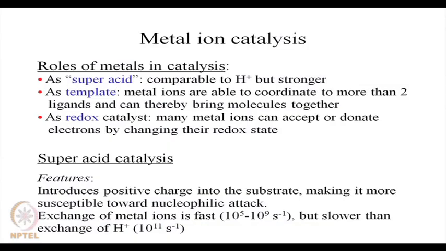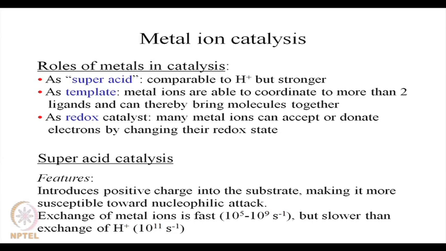Also, the exchange of metal ions is fast, like 10 to the power 5 to 10 to the power 9 per second, but it is slower than the exchange of H plus, because H plus is the lightest and the smallest one, so its exchange is very fast compared to metal ions.